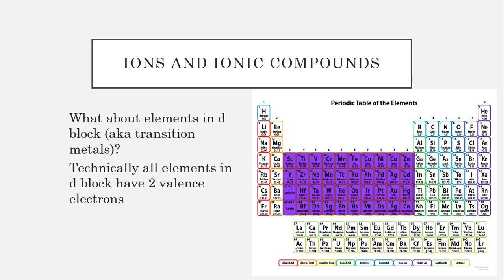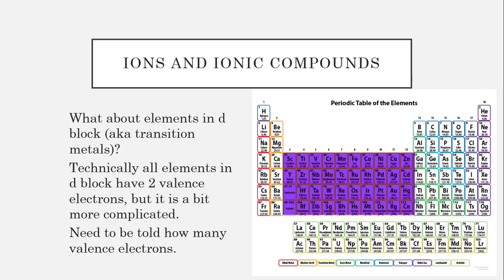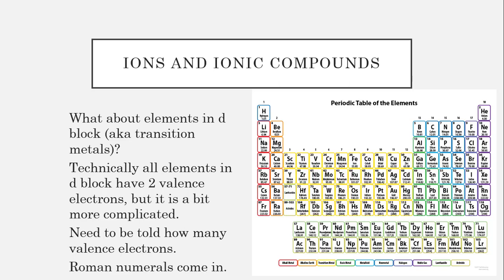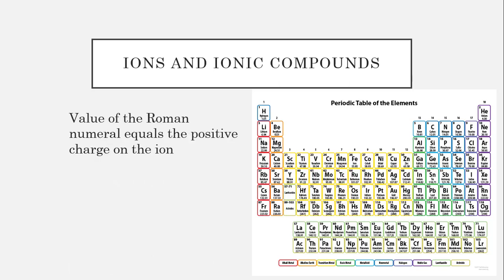Technically, all the elements in the D block have 2 valence electrons, but it's a bit more complicated than that. We're not going to go into the reasons, just accept it. So you will need to be told how many valence electrons for an ion in the transition metals. This is where the Roman numerals come in. The Roman numeral after an element's name or symbol equals the positive charge on an ion formed from that metal.